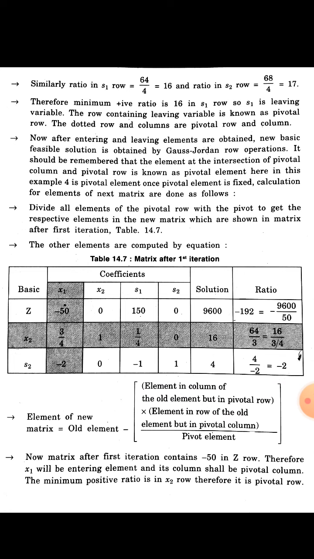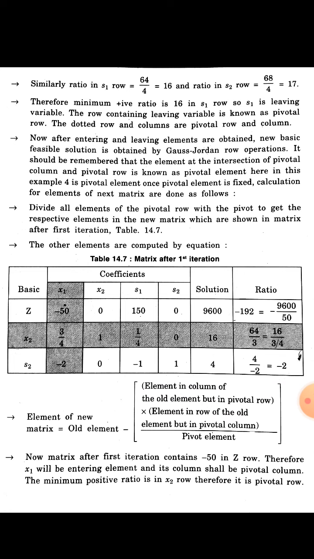So the least positive ratio is 16 in s1, and s1 is the leaving variable. The row containing the leaving variable is known as the pivotal row, and the dotted row and column are the pivotal row and column.